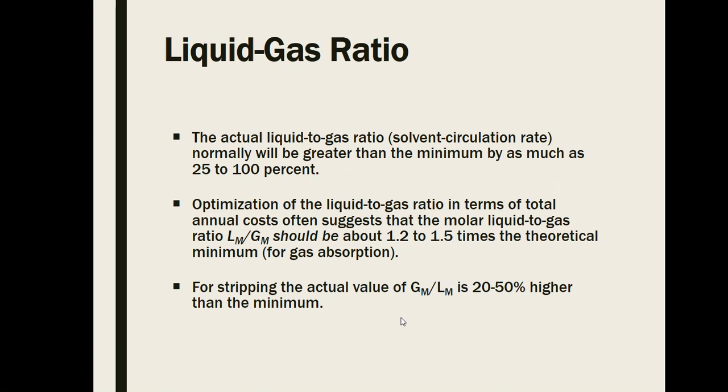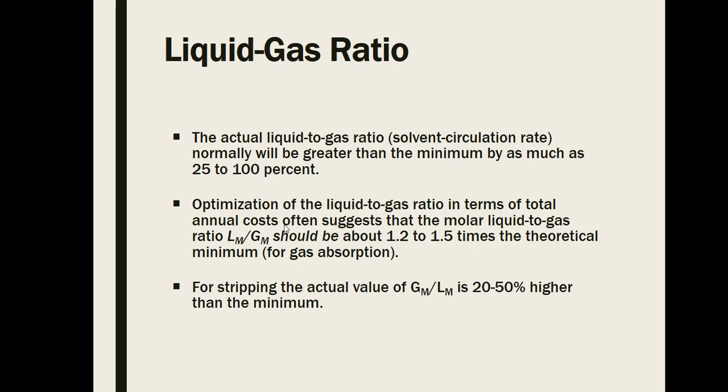Now, speaking of the connection between minimum solvent requirement and optimum number of stages, this is taken from your handbook. The actual liquid to gas ratio, or shall we say the solvent circulation rate, normally will be greater than the minimum by as much as 25 to 100%. Meaning what we normally use is higher than the minimum computed value by 25% or even 100%.